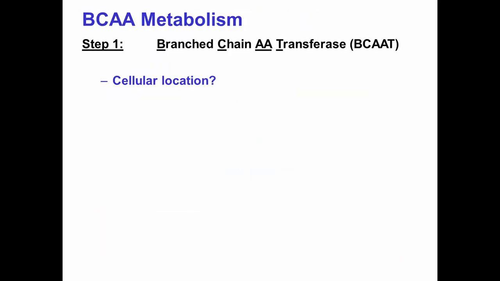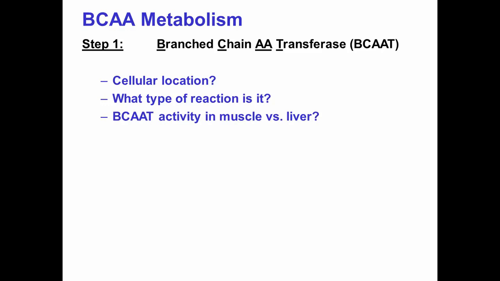Okay, so let me walk through it. Branch chain amino acid transferase, the cellular location: both cytosol and the mitochondria. We know it's a reversible transamination reaction, right? Reversible transamination is the type of reaction. And then BCAAT activity in muscle compared to the liver under normal conditions is much, much higher in the muscle than the liver.